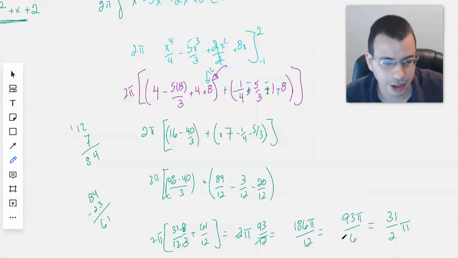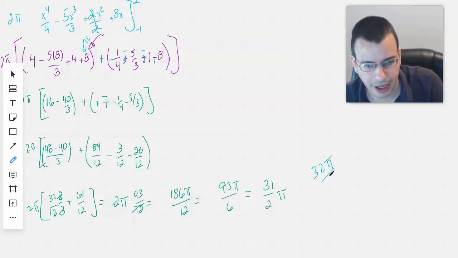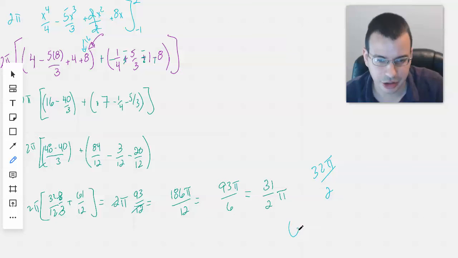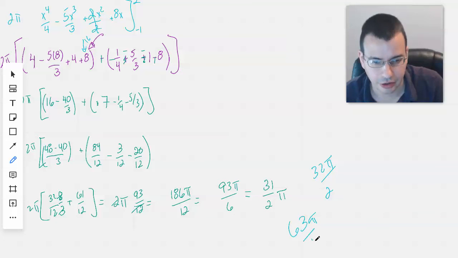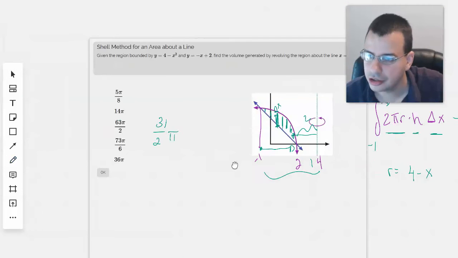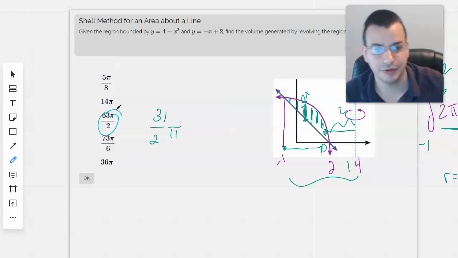And so they come down here, and I was missing a 32 pi over 2. Add that together, we get 63 pi over 2. And therefore, the correct answer should be this one right there, 63 pi over 2.